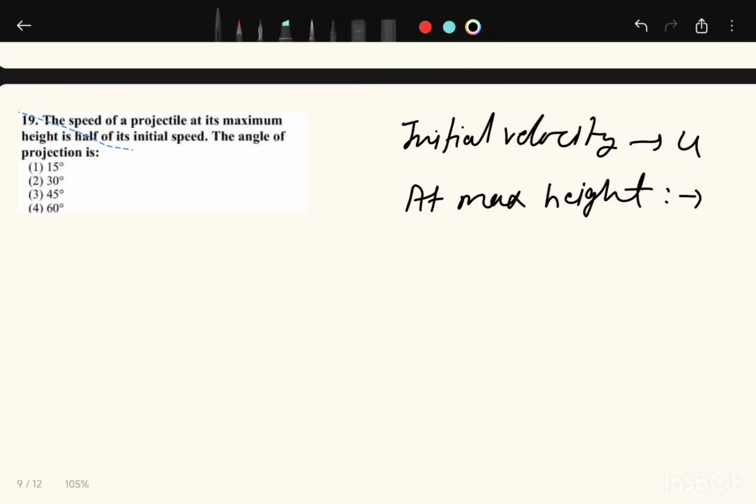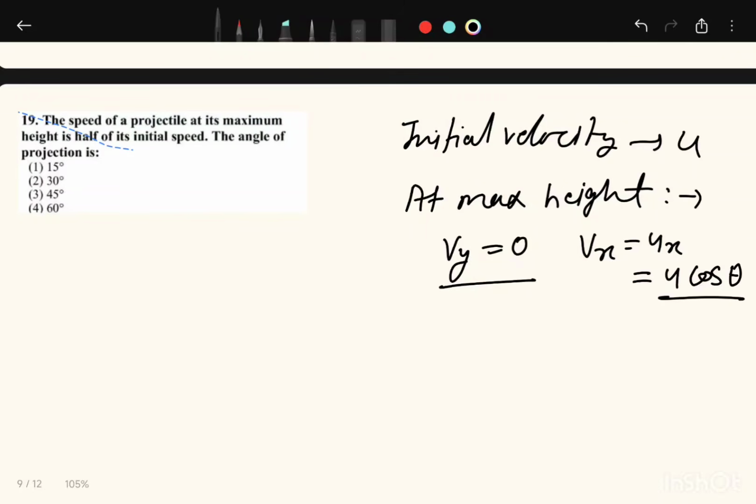So we know at maximum height point, our vertical velocity is zero, right? Because after that, our particle starts returning downward. So Vy is zero. Only the velocity at highest point is present, that is Vx. And we know the Vx will be equal to Ux. Horizontal velocity remains constant during the projectile motion. So it will be U cos theta, right?